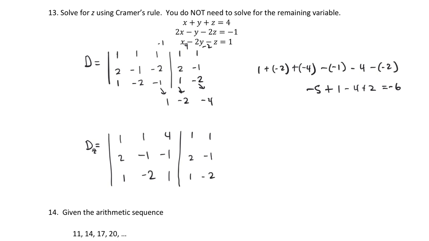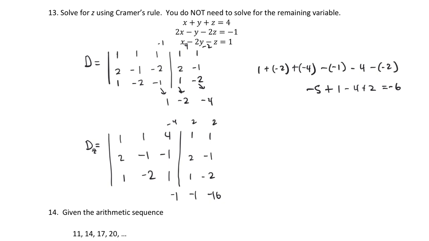So this product is -1. This product there is also -1. And that product there is -16. This product is -4. That product is +2. And that product is also +2.